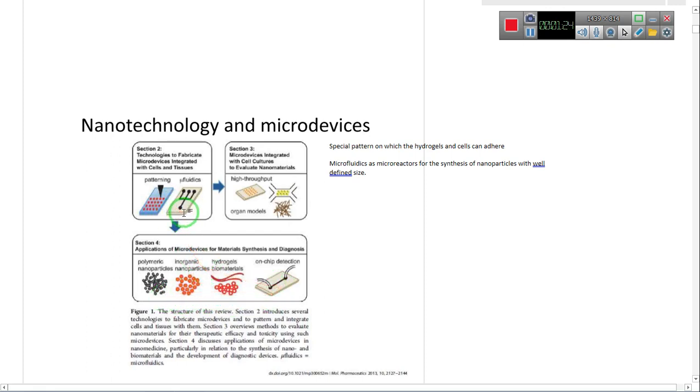Let's at the beginning have a look at the way that these microfluidics are built.